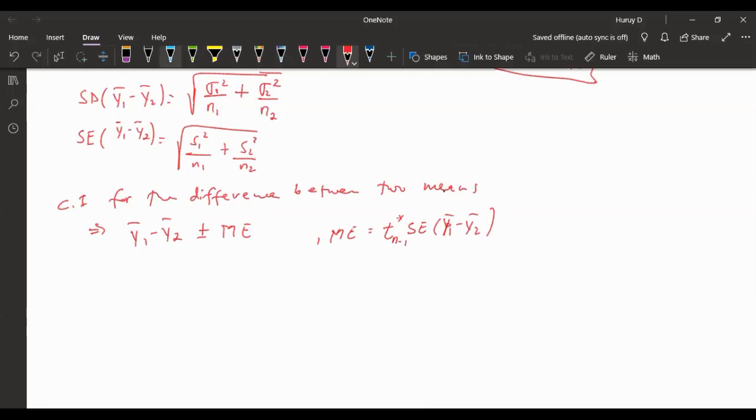For the T model, we need the degrees of freedom, okay? But the degrees of freedom for this one is not as simple as n minus 1. N minus 1 is too easy. If you have n, you just subtract 1, that's your degrees of freedom. But here we have two n's, n1 and n2, and the calculation is not easy. It's so complicated, to be honest.